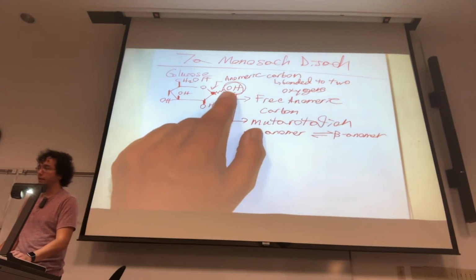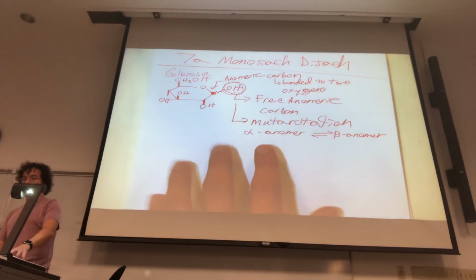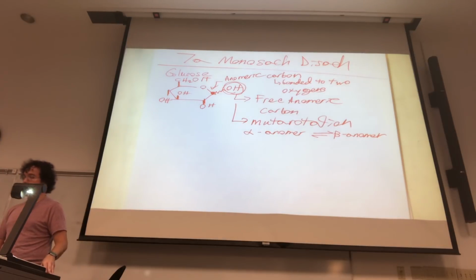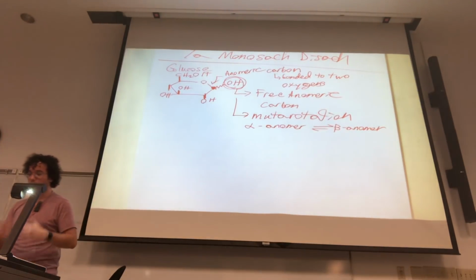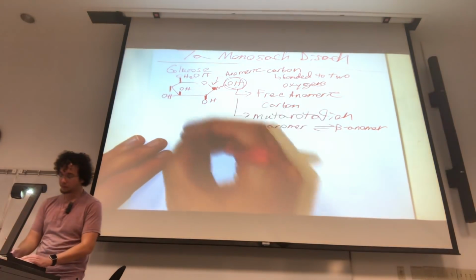But if I flip this one either up or down, all I am changing is whether it is the alpha or beta anomer of glucose. So let's talk about that right now, whether something is alpha or beta anomer.